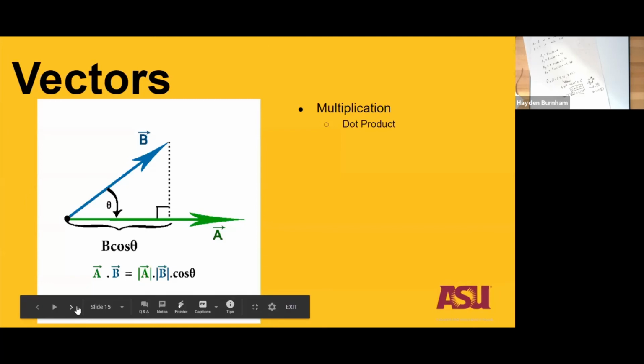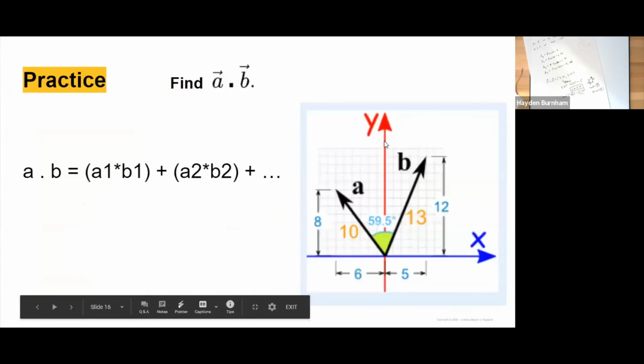The other way you can calculate it is if you have the x and y components of each vector, you can just multiply each individual component times the other component, and then sum all of those values together.